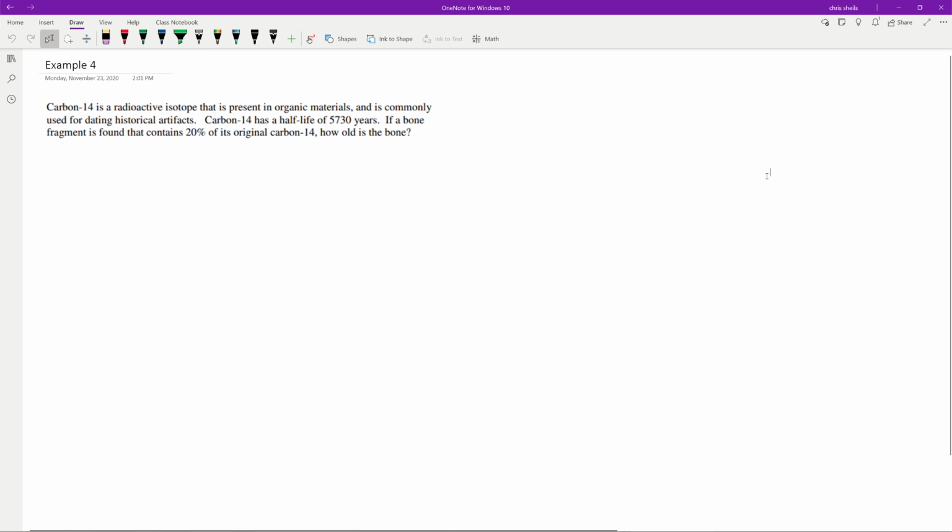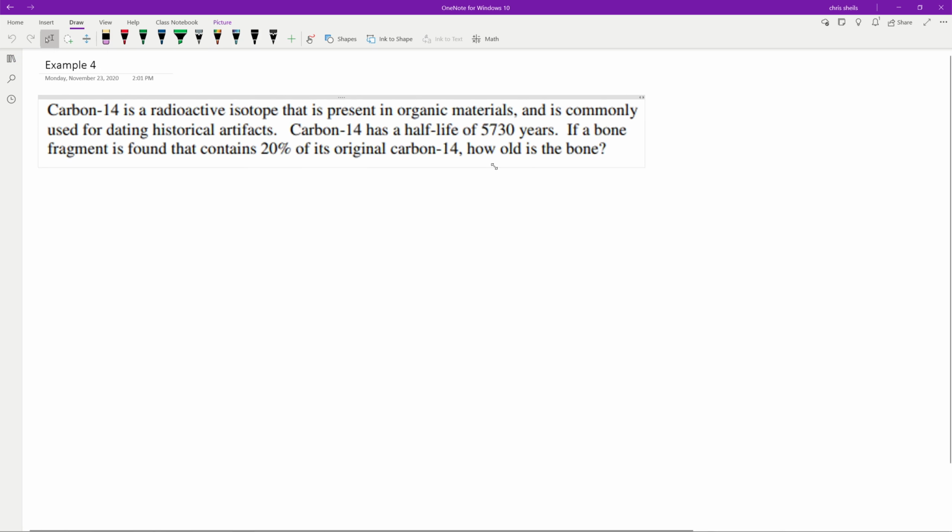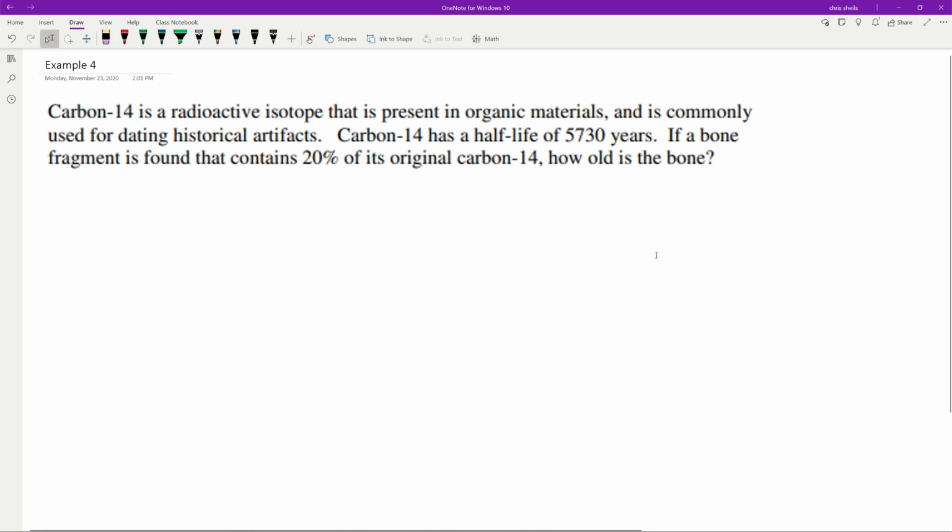And let's look at another example. Carbon-14 is a radioactive isotope that is present in organic materials and is commonly used for dating historical artifacts. Carbon-14 has a half-life of 5,730 years. If a bone fragment is found that contains 20% of its original carbon-14, how old is the bone?